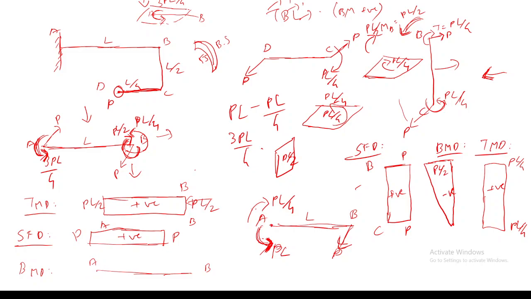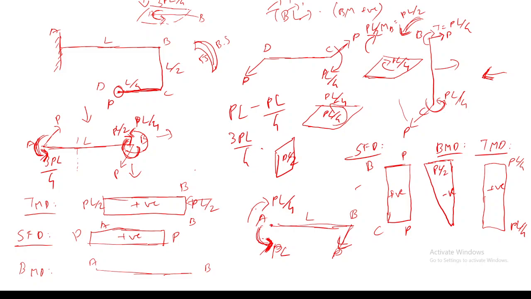How will it be two triangles? For example, here you can see, at point A it will be 3PL by 4. And if you are taking a cross section like this, on the left, it won't be a trapezium, it will actually be two triangles.